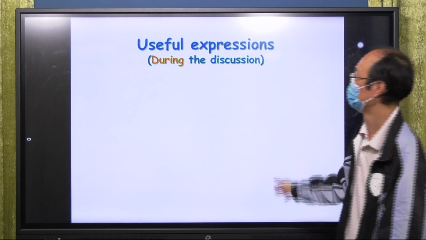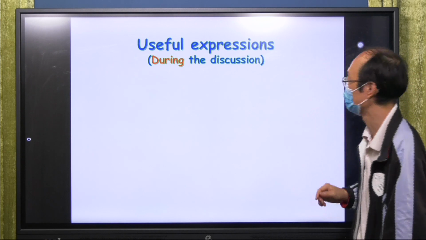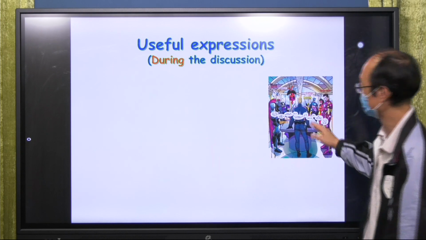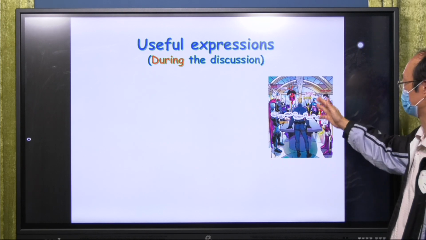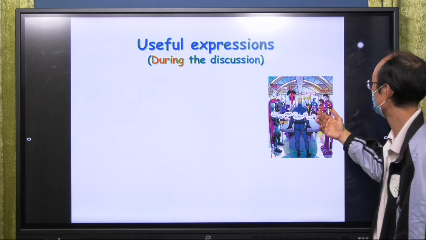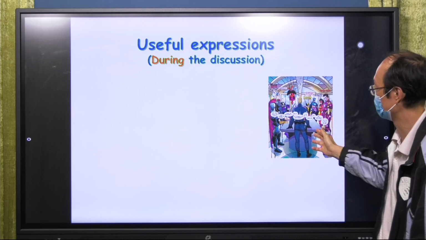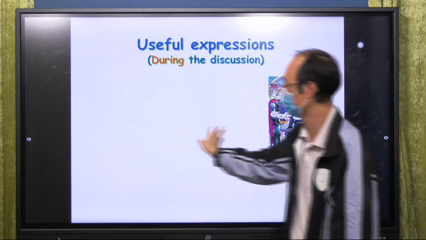Now, some expressions are very useful during the discussion. For example, here they have many ideas: Captain America, Spider Woman, Iron Man, and so on. They have a lot of ideas in the discussion here.